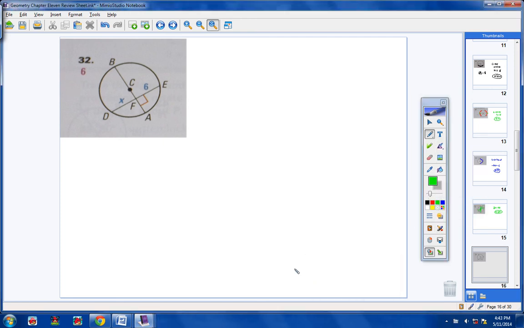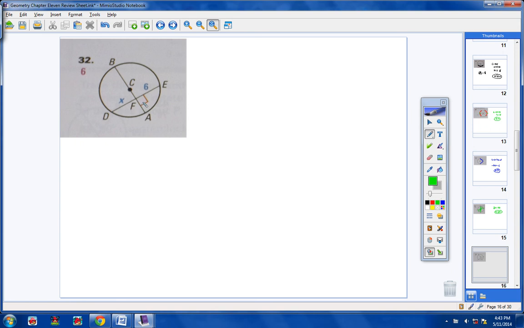If a diameter and a chord are perpendicular, then the diameter will divide the chord evenly. In other words, it'll be a segment bisector.